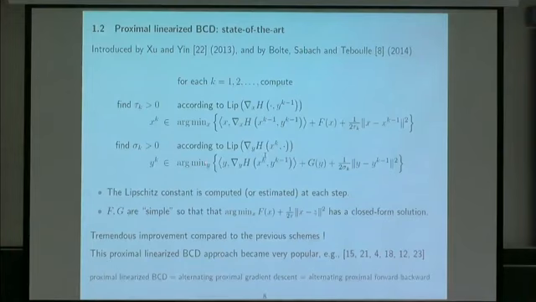We have to find a sigma k according to the Lipschitz constant of the gradient of the coupling term, and then we minimize with respect to Y. Again, the iterates are explicit whenever F and J are prox friendly, in the sense that the proximal operator has an explicit closed form solution.